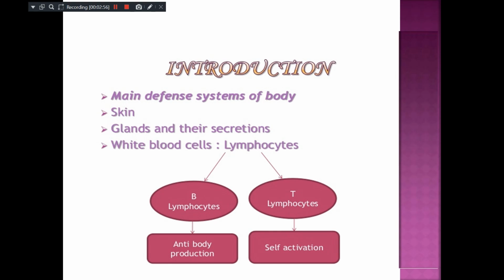When I talk about the lymphocytes, basically there are two types: B lymphocytes and T lymphocytes. B lymphocytes have the function of antibody production, which you have already seen. The T lymphocytes are concerned with cell-mediated immunity.